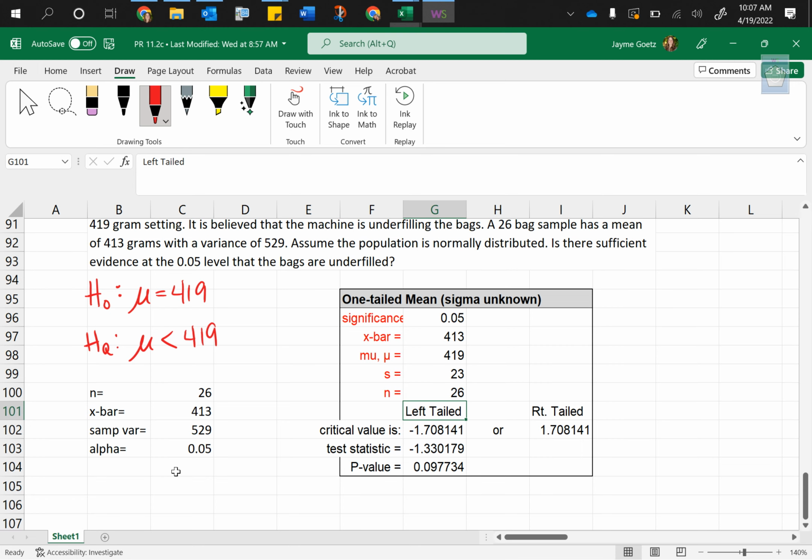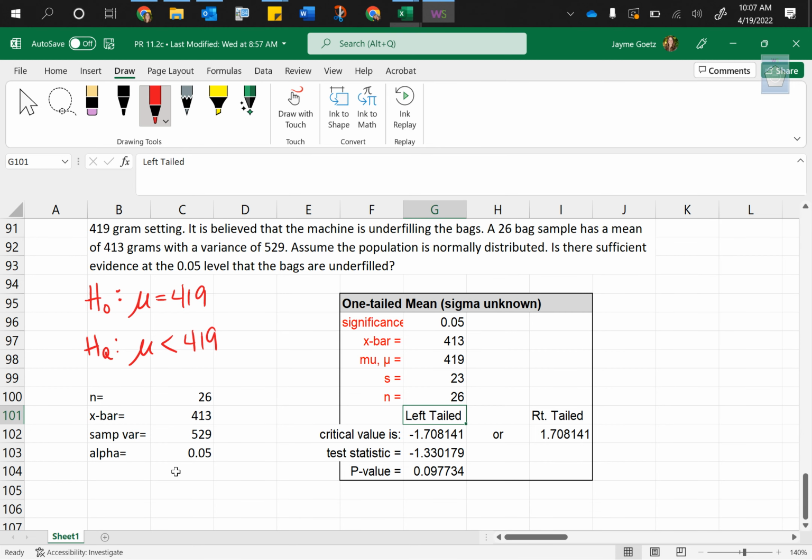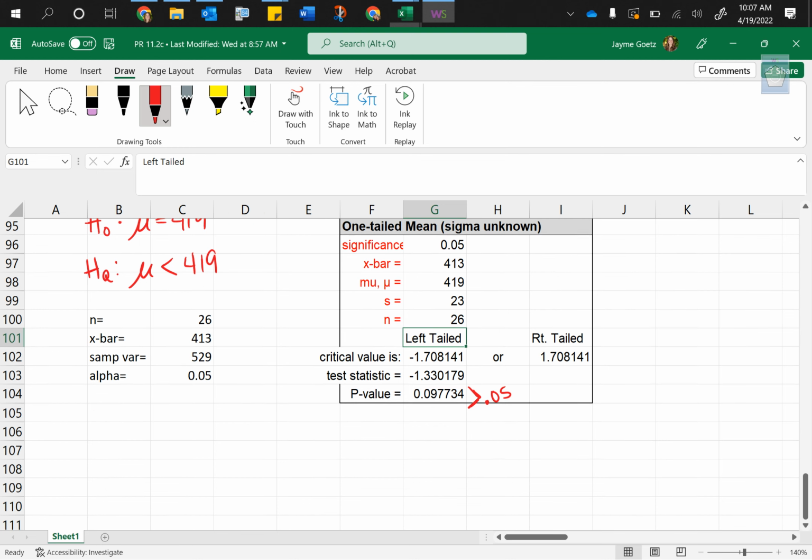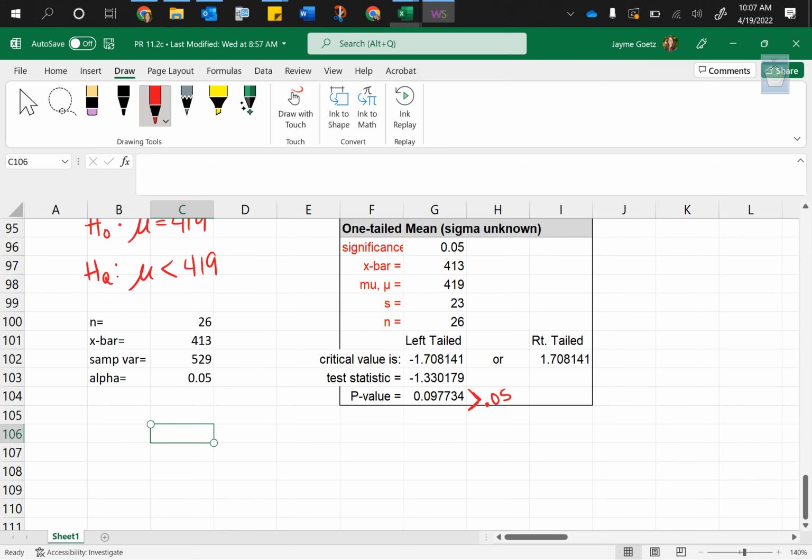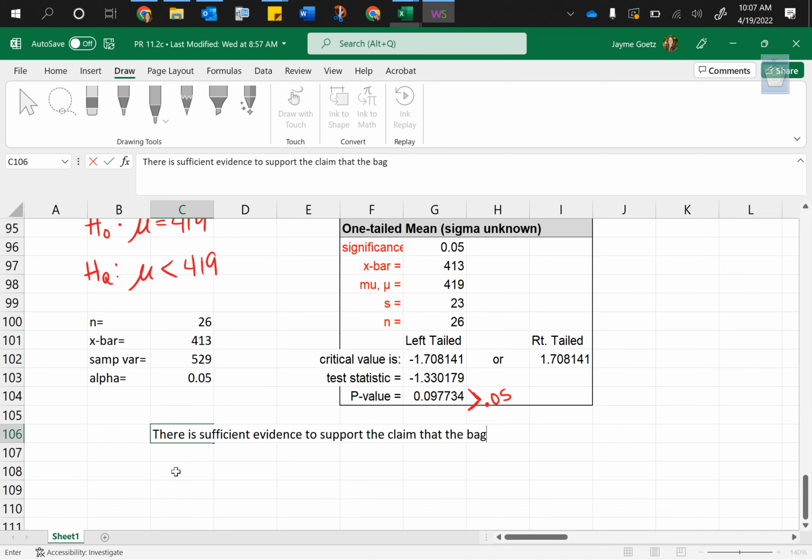So, again, it just wants to know, is there sufficient evidence that the bags are being underfilled? So look at your p-value. Is it low or high? Here it's high. Here it's greater than 0.05. So when you are on Hawkes Learning, it's going to give you the following two options. There is sufficient evidence to support the claim that the bags are underfilled.